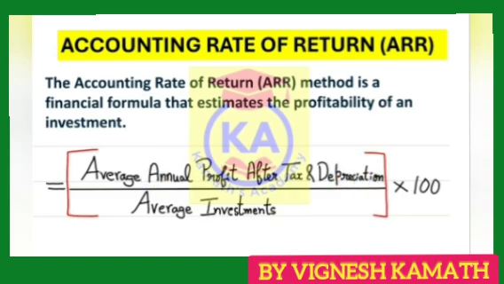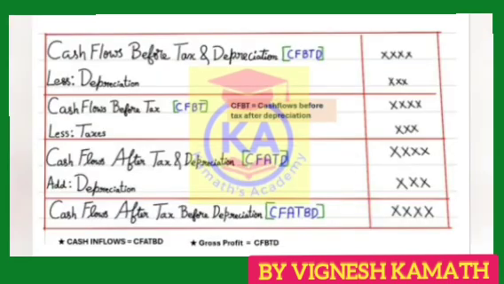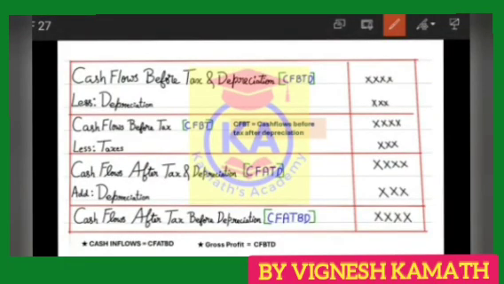I hope you have watched the concept building video of the investment decision chapter. If not, you have to watch that video first and later come to this video, or else you won't understand anything. In that video I have clearly said that only for the accounting rate of return method we are using CFATD, cash flows after tax and depreciation.